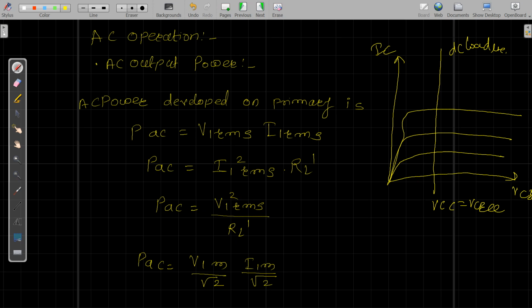Now, what we know for this AC purpose, the load on your secondary, how much is it? You have connected load impedance RL, which is in ohms, and the reflected load on the primary was how much? It was RL dash, if you remember.